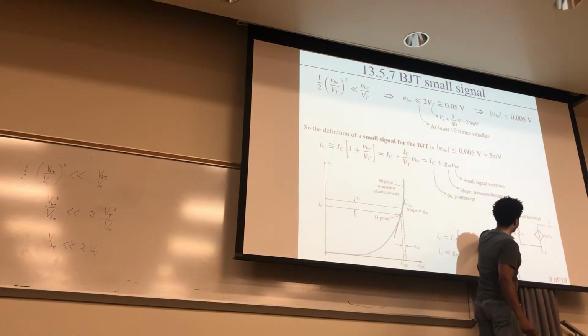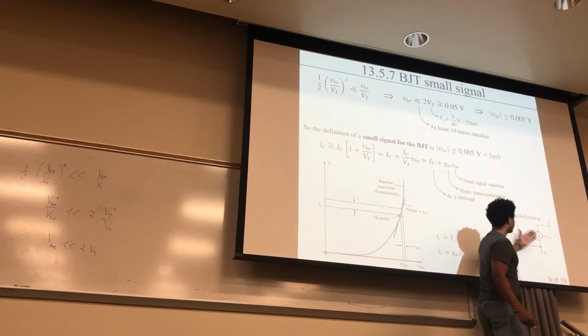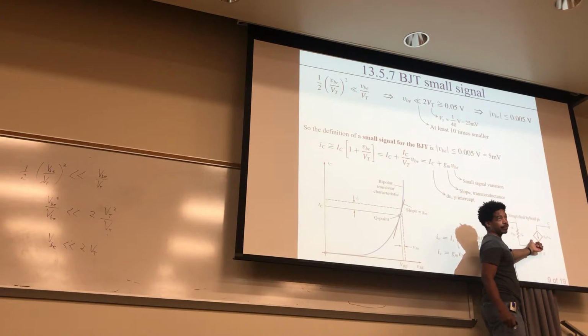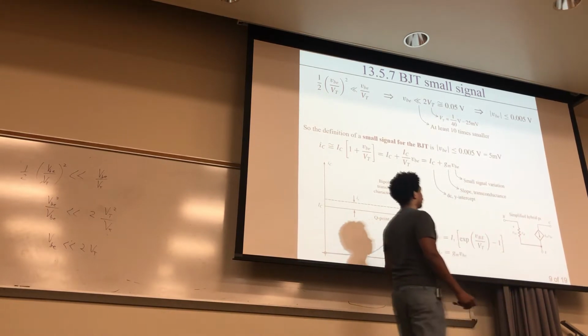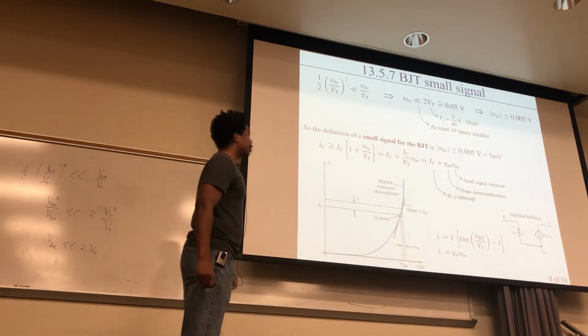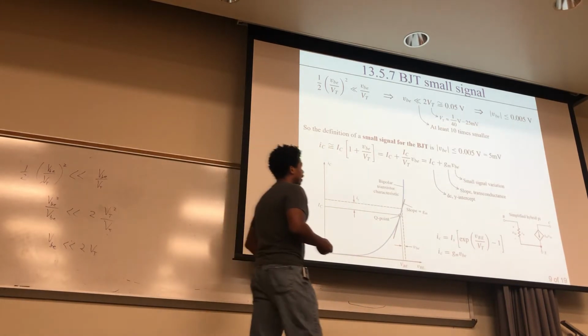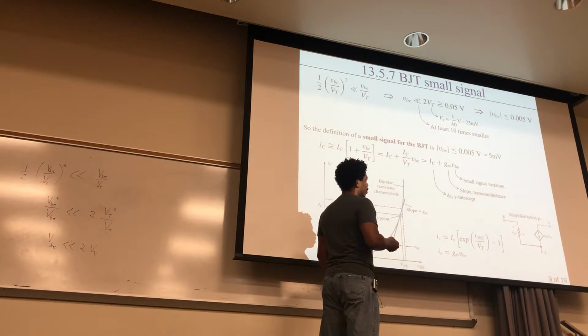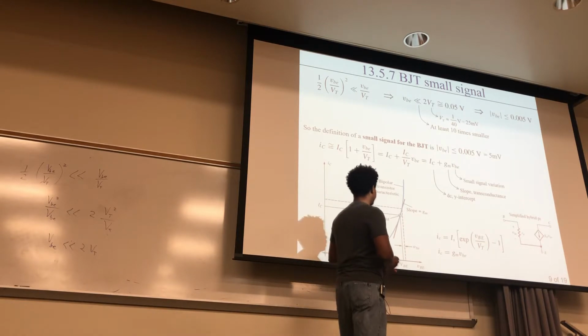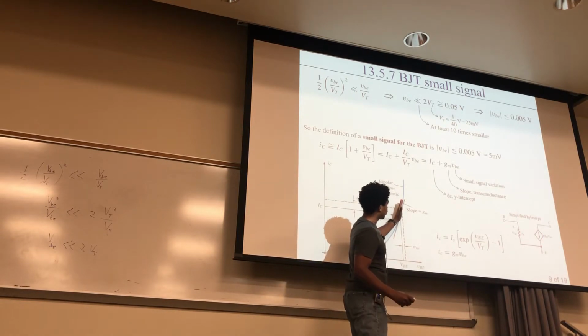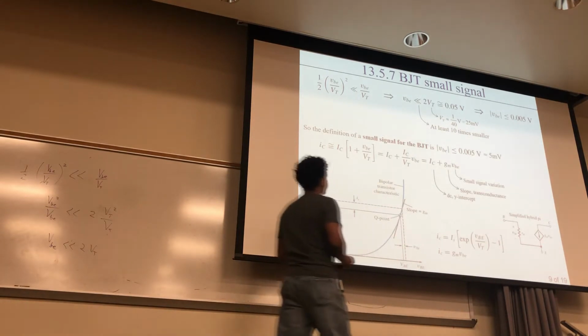The voltage across here needs to be less than 5 millivolts for this thing to behave linearly. That's a small amount of voltage, right? But the nice thing is that even though the voltage across the input is very small, you have a huge amount of gain over here. And you can see that by the slope. It's a high slope, and you have a high amount of gain.